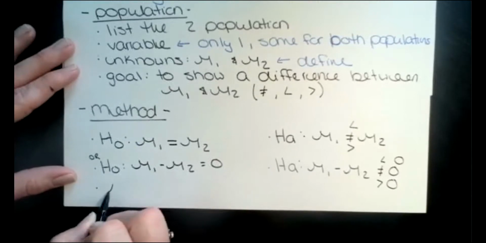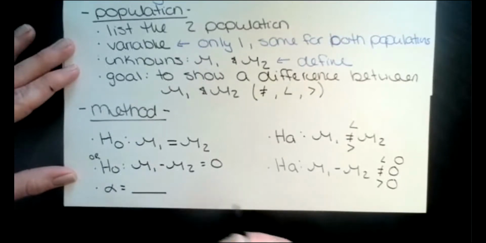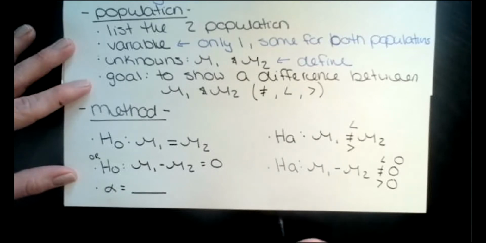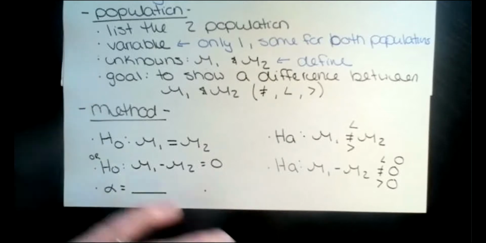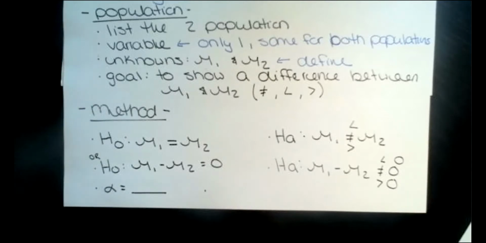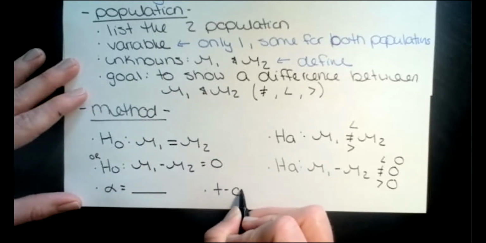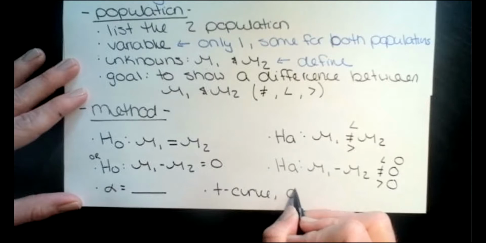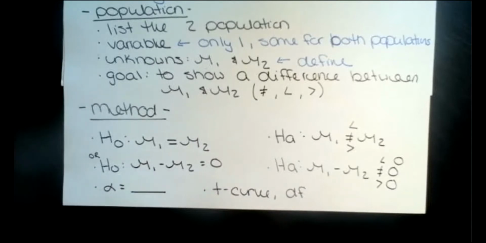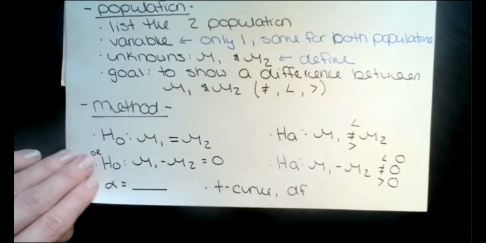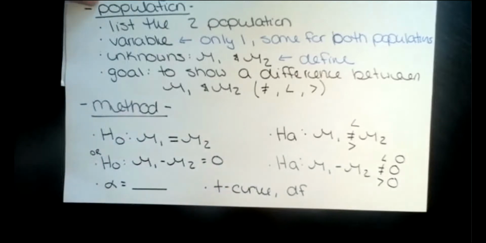And of course, we're always going to report alpha here. Remember, alpha is always the same idea, 5% most of the time, unless it's given to us, or 1% if it's medical, life or death. And again, we want to report what curve we're on. We're on the T curve with degrees of freedom. And that's all you have to fill in there. So that method step goes real quick.